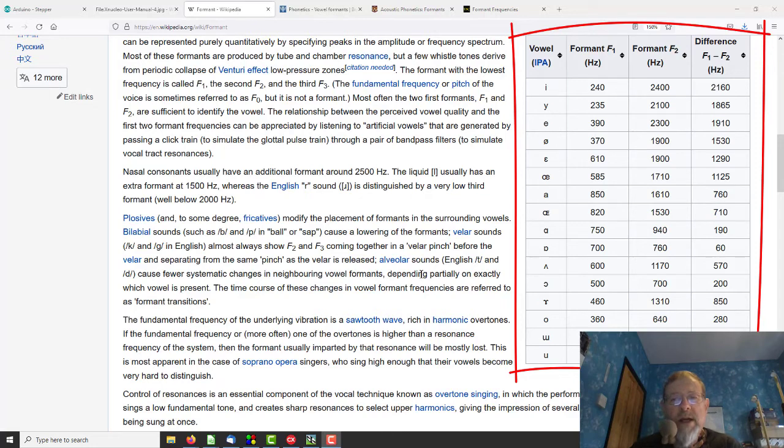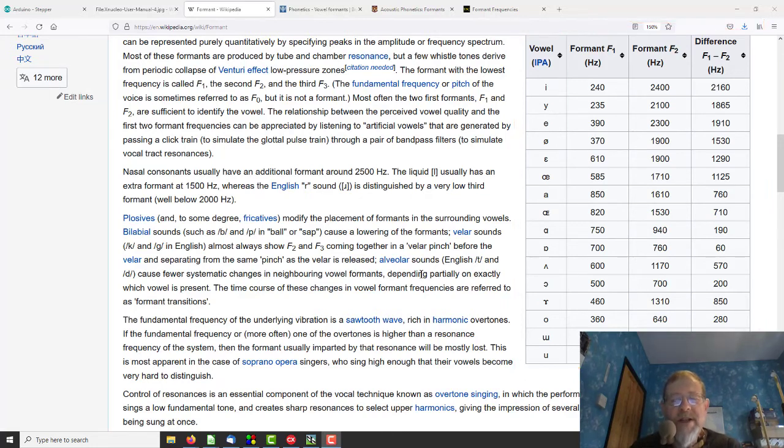Now, we are in no way going to try and synthesize vowel sounds or speech. We are designing a synthesizer, but I have merely gone into this to illustrate that the human ear is particularly good at picking up two peaks in a spectrum.